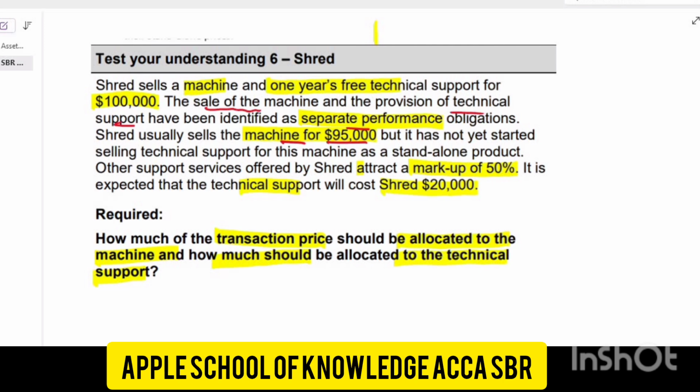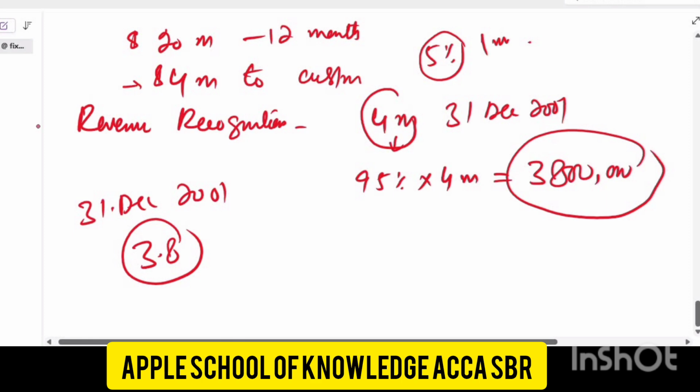But there is no observable stand-alone selling price for the technical support. Therefore, we need to estimate the price, but for that you have to maximize the observable inputs. So the cost of technical support is 20,000.